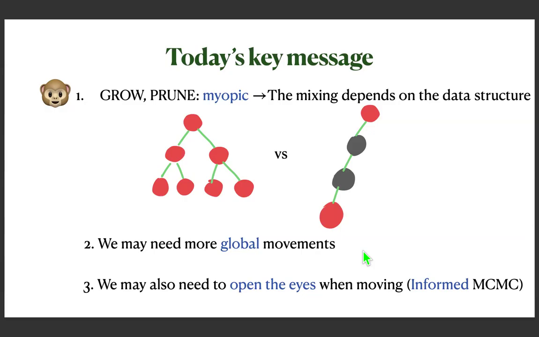Therefore its mixing rate can depend on the data structure. So we proposed the Twiggy movement so that this more global movement helps to improve the dependence on the data structure. And by using the informed version, we could see some further improvement. So thinking about where to go before actually taking a step seems to be an important thing.